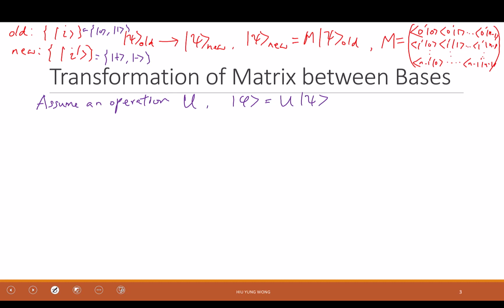Quantum computing is nothing but the rotation of a vector in its hyperspace, so this can be a quantum gate U. Is that okay? I just assume I have an operator which does this. I have a vector psi, apply an operation, which is a matrix, then it becomes another vector phi.